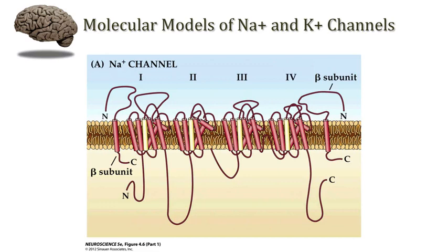complicated integral membrane protein that contains multiple motifs in which there are helical segments of the protein that are passing through the membrane. So we can recognize 4 motifs, with each motif being comprised of 6 transmembrane segments.